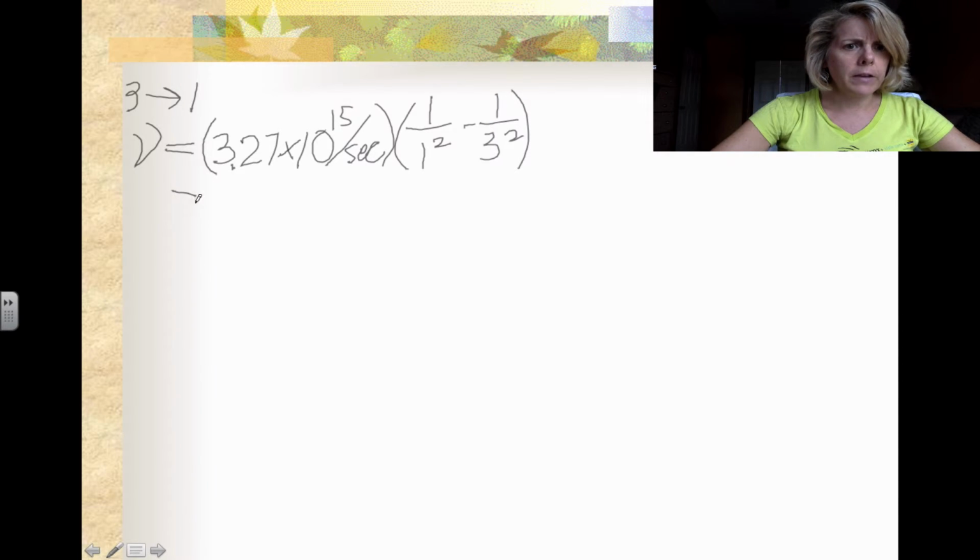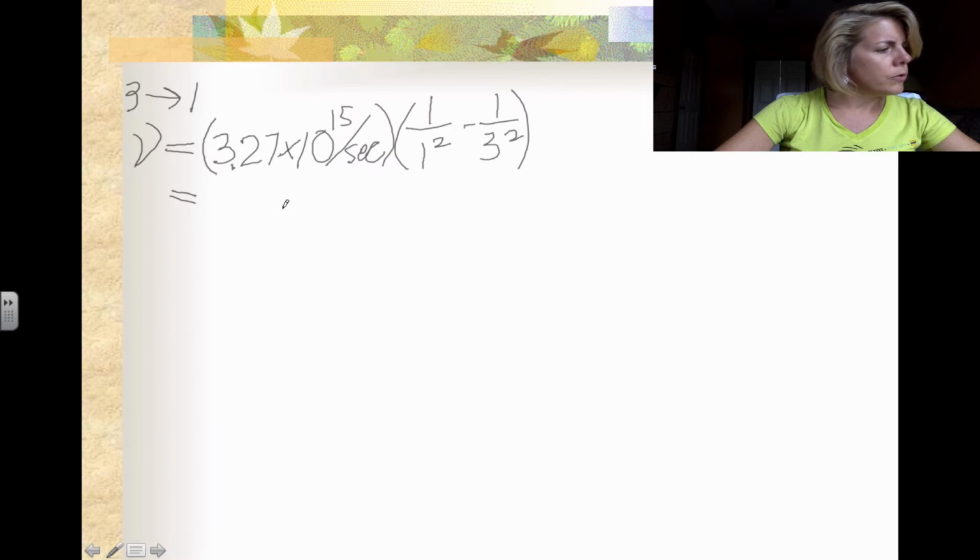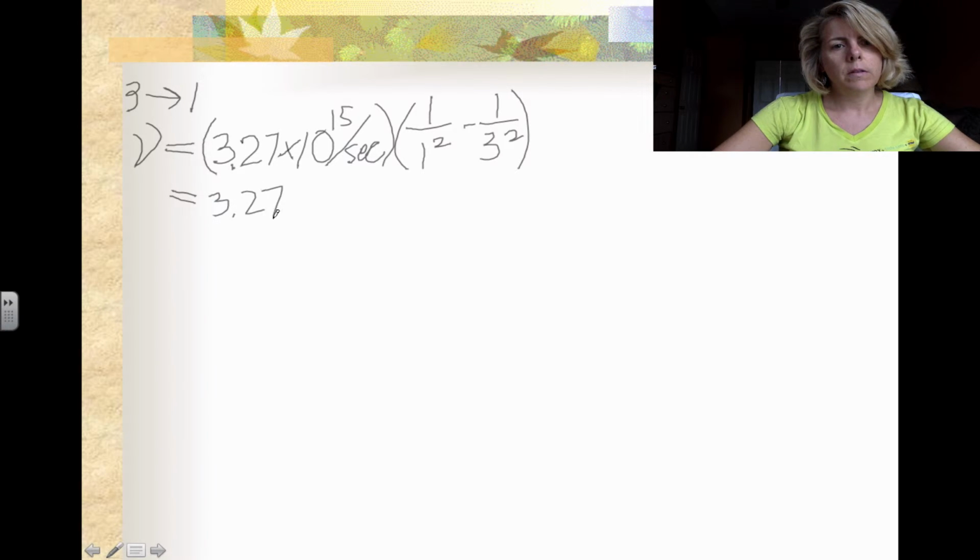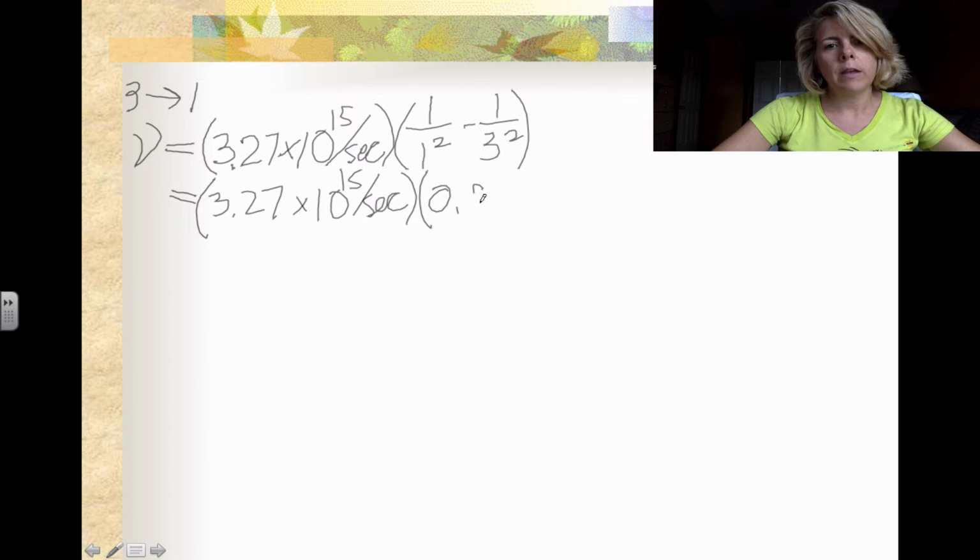Now, when I do this calculation, I get 0.888 repeating, okay?